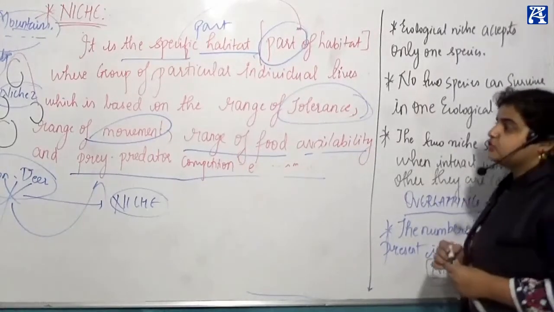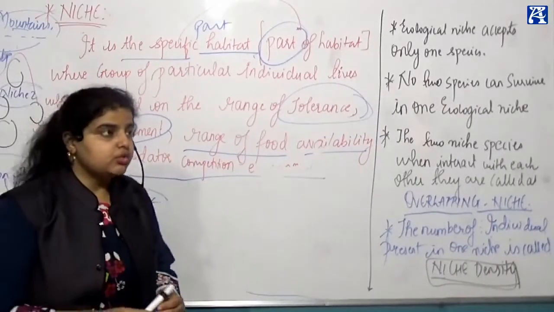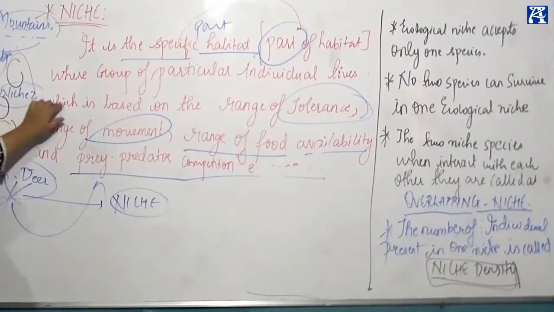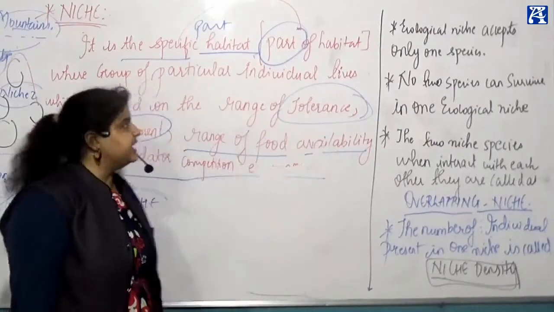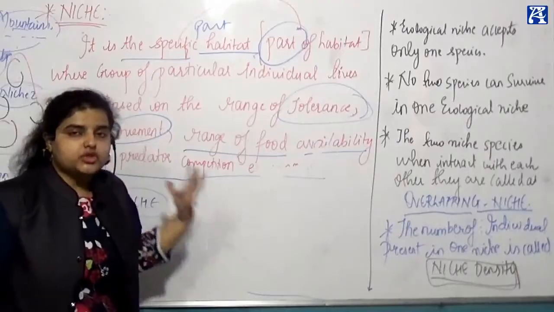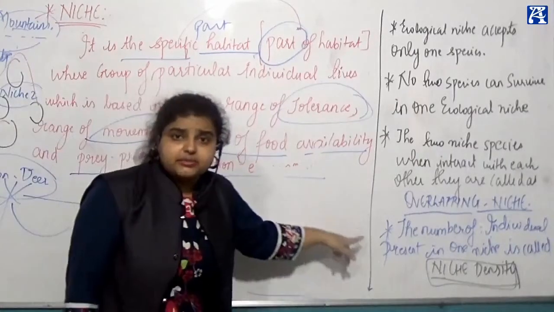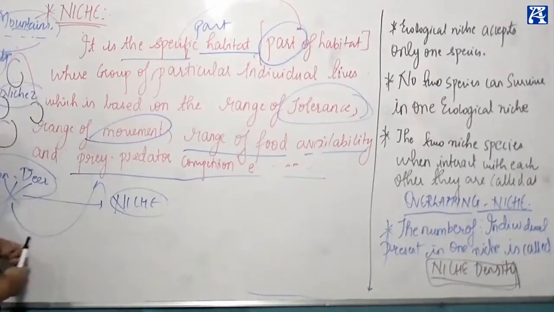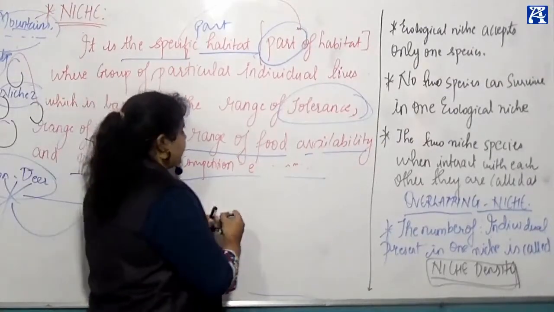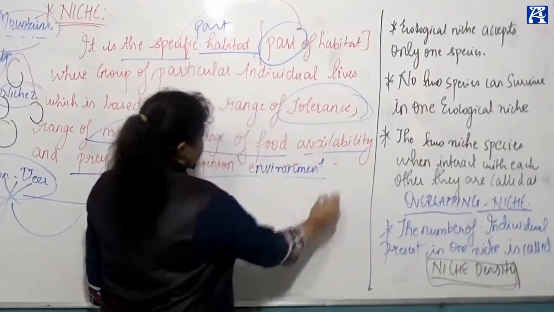Clear? I have told you about habitat. I have told you about niche. I have told you what is niche. Niche is a specific habitat or a part of habitat where a group of particular individuals lives, and then comes the range of tolerance. I told you what tolerance is, how they are adapted to each other, and the range of movement, the food availability, and then comes other competition, not prey-predator, and environment. Clear?